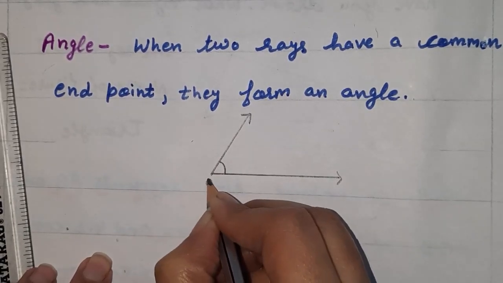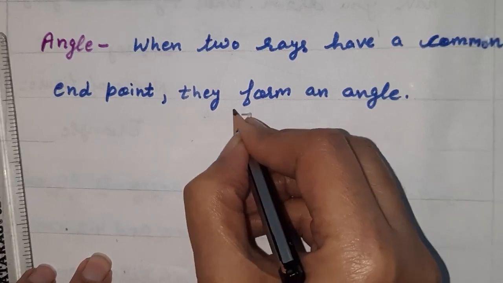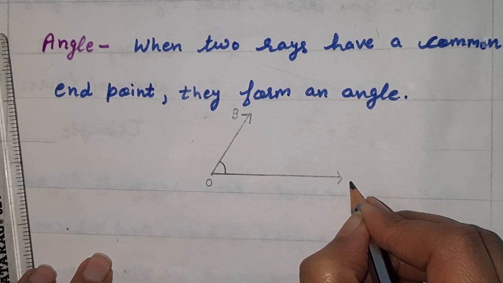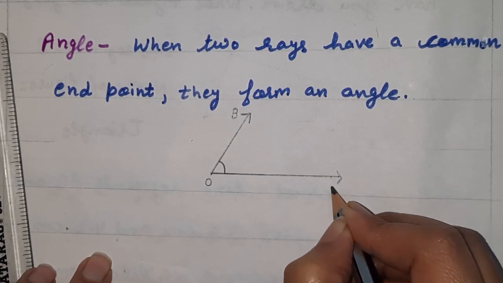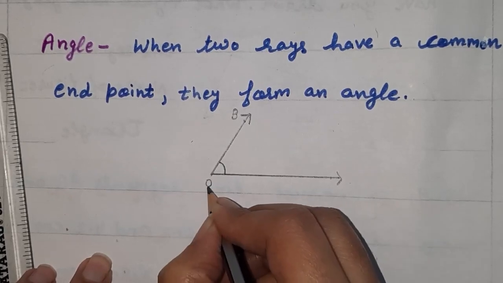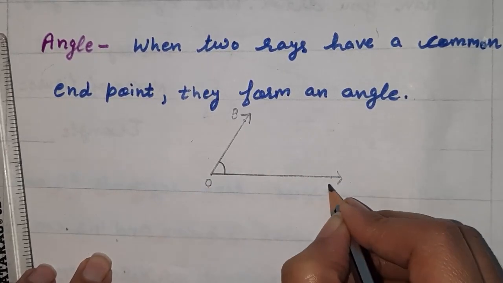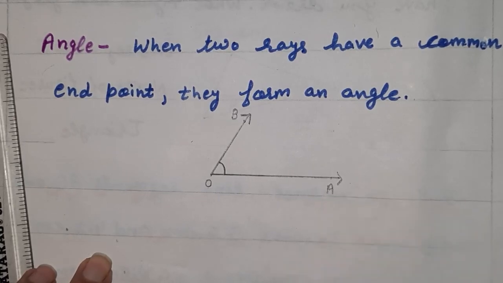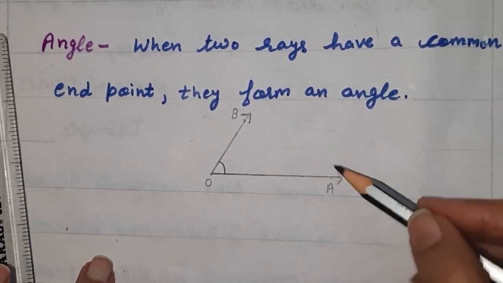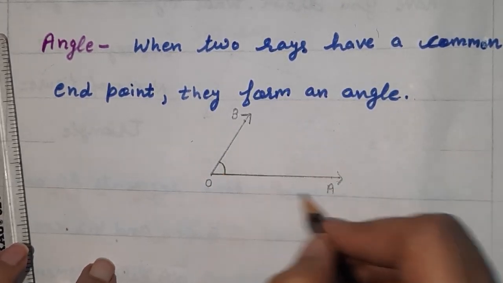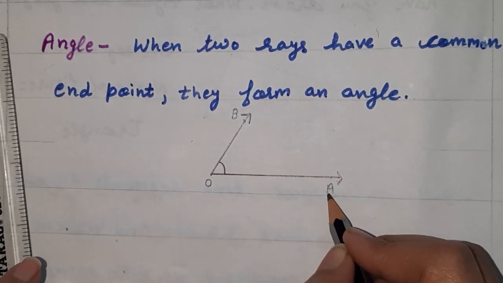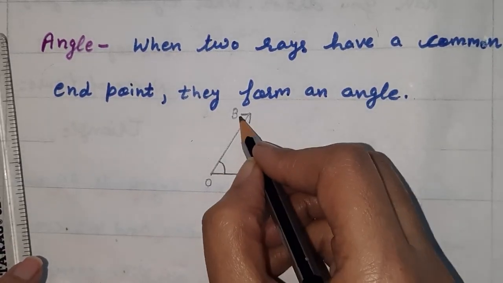So it is named as, common endpoint is O, and these other points are known as B and A. So name of this angle is BOA, or we can say AOB.